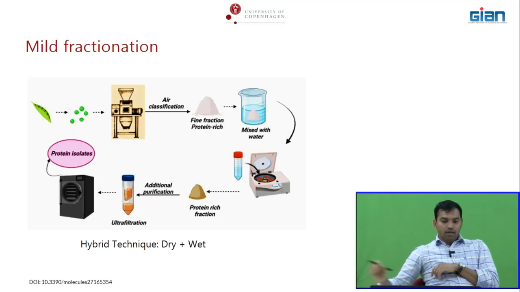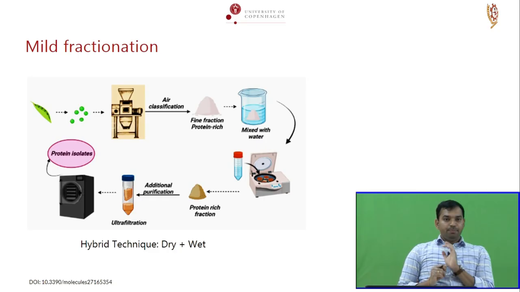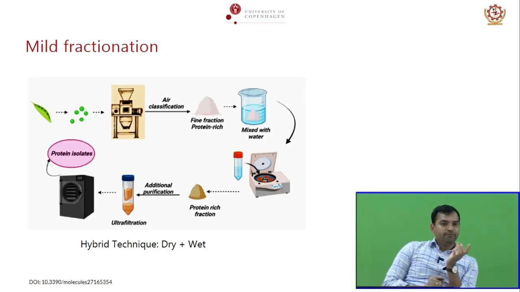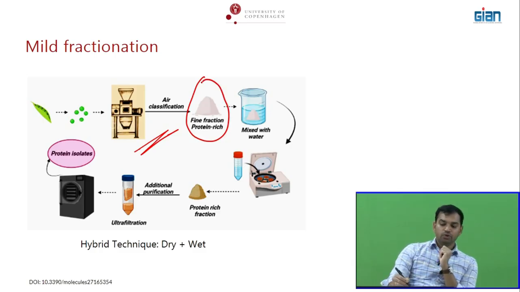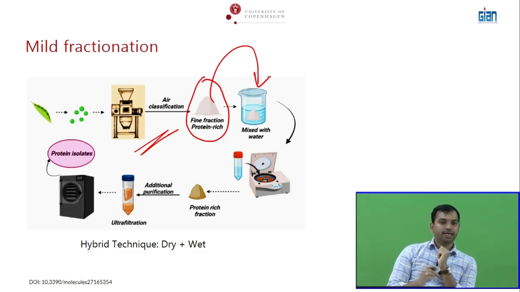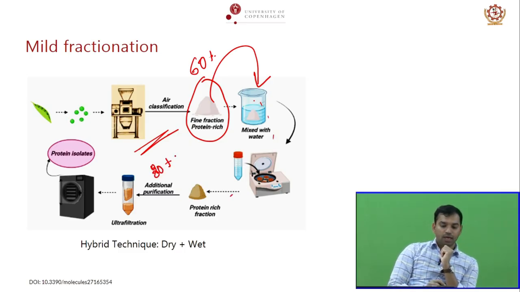All right. So people often combine both dry fractionation and wet extraction together. It's a win-win approach because in the dry fractionation, you get the fine fraction rich in proteins, right? Use this fraction in the salt extraction. Basically, here you get around 60% purity, and with the salt extraction, the purity can become maybe 80%. If you start without this step, the purity can be 70%.